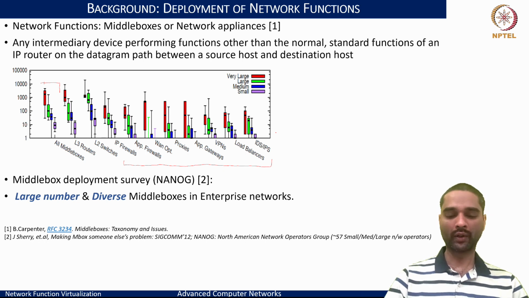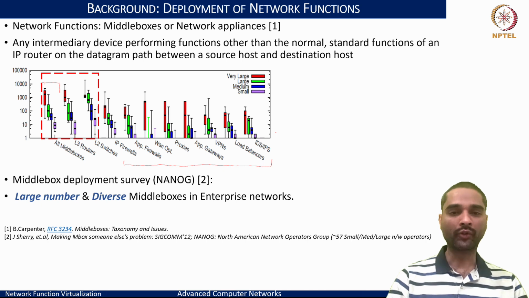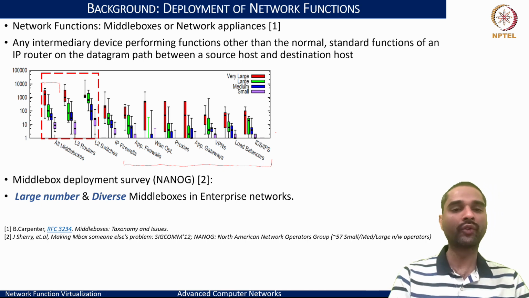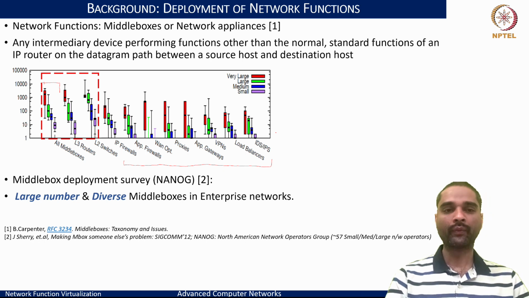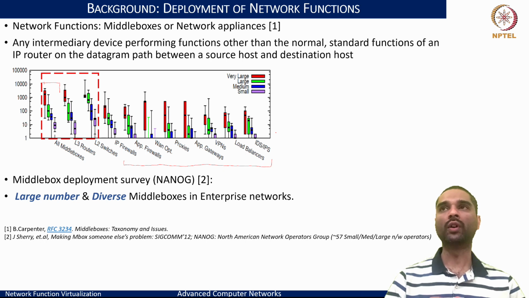On the right, what we are trying to show is that the number of middle boxes, when you sum them up in a network and compare them to the numbers of the L2 switches and L3 routers, we are seeing the proportions to be almost similar. And like I said, this was a survey that was carried out on the North American Network Operators Group, which consisted of 57 small, medium, large, and very large network operators.